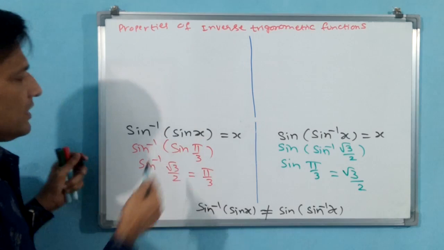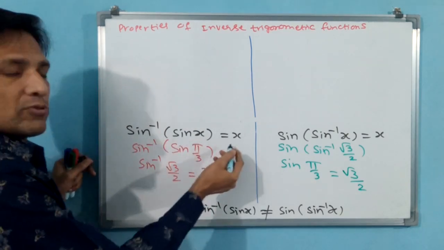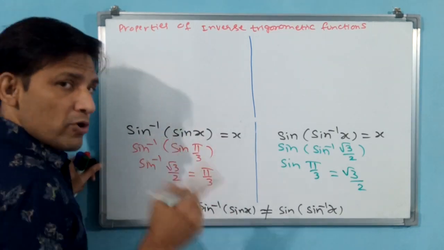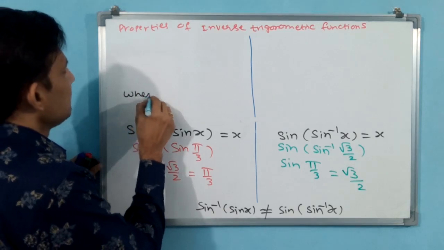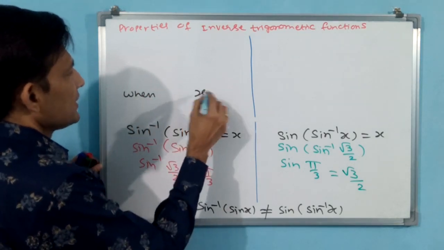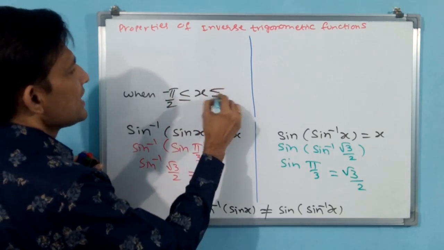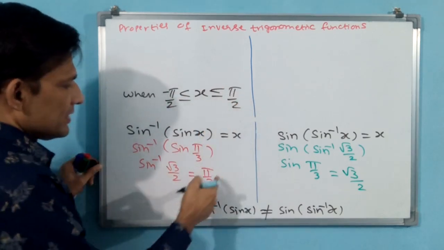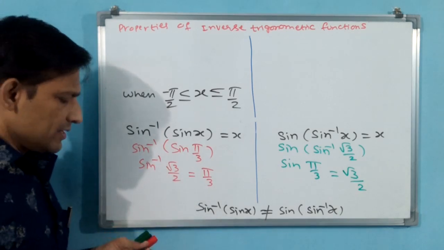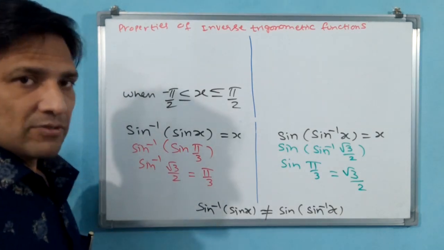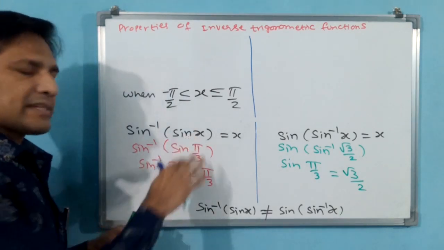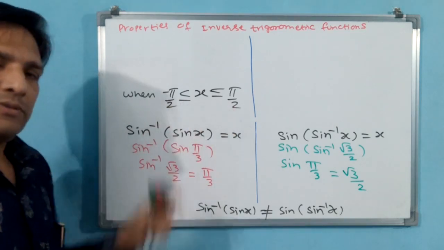Okay, here you see, sin inverse of sin x is equal to x is valid only when x is greater than or equal to minus pi by 2 and less than or equal to pi by 2. In that case only it is valid, or else it is not valid. See, the normal sine function may go beyond these values.